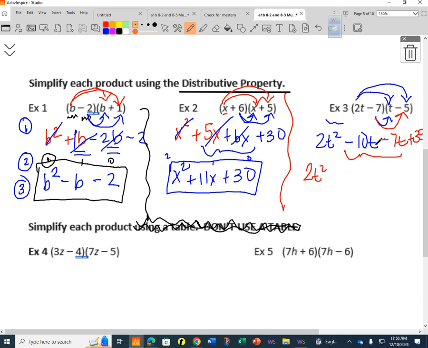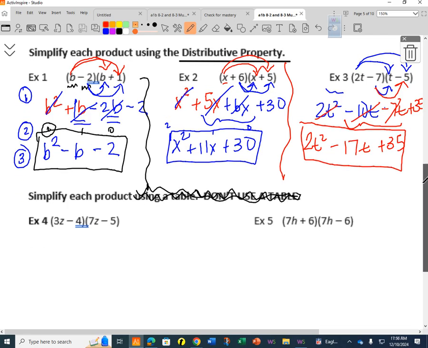If you do that on your calculator, it's 10 negative button minus 7, and that would give you negative 17, and we see that it's negative 17t. So we've included all these in our answer. There's nothing else to combine the constant with, so we bring it down. Degree 2, 1, and 0 again, so it's already in standard form. Any questions?